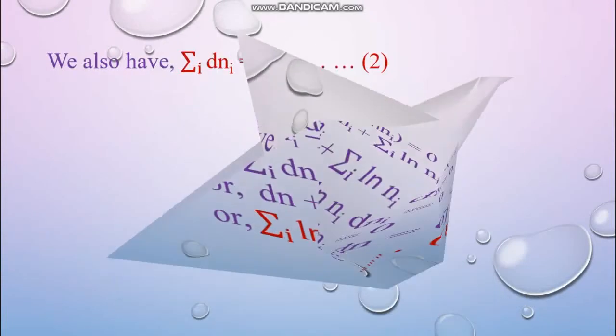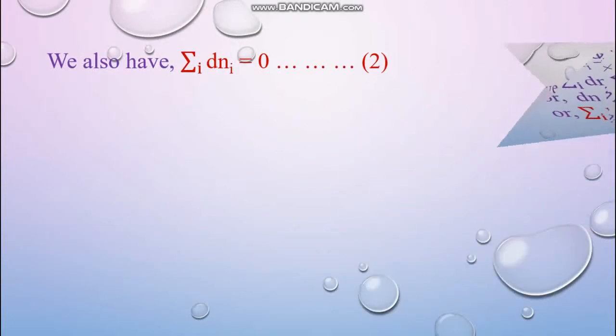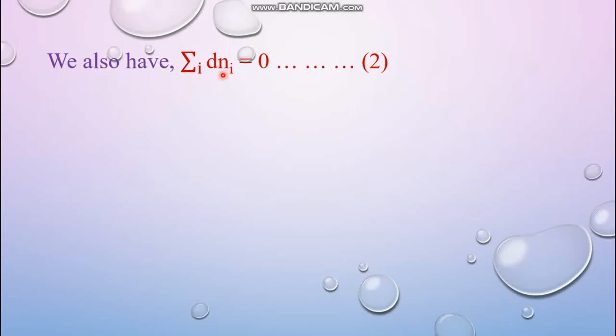As we have already said, sum over i of d n_i is nothing but dN, and this is also 0. So dN is nothing but sum over i of d n_i, and this is 0. We are considering this as equation number 2, and this is a very important equation because this is also going to be taken into account.